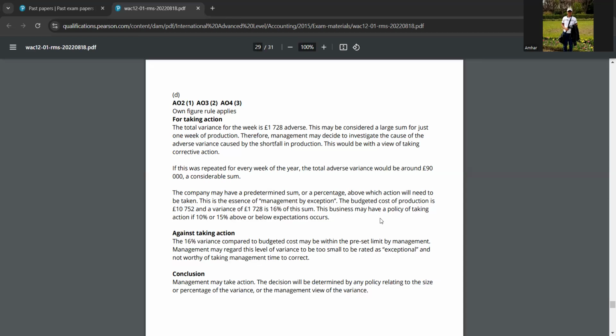The budgeted cost of production is 10,752 and a variance of 1,728 is 16% of this sum. Do you know what they are saying in this point? Yeah, the total variance is 16% of the total budgeted cost of production.